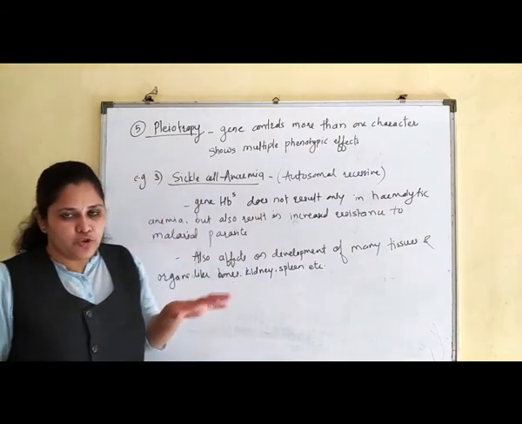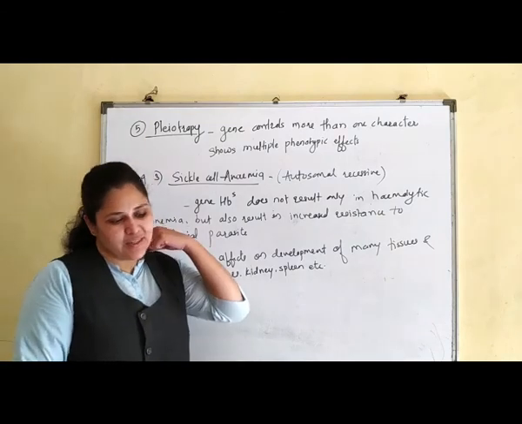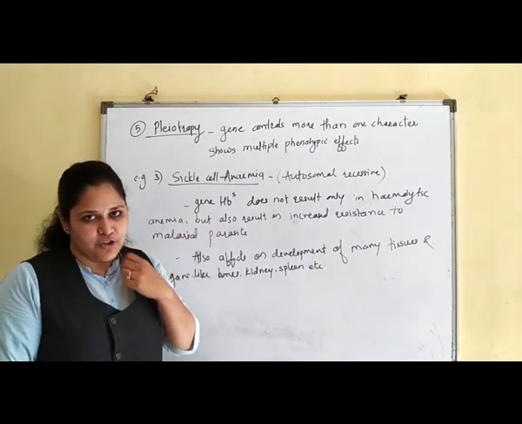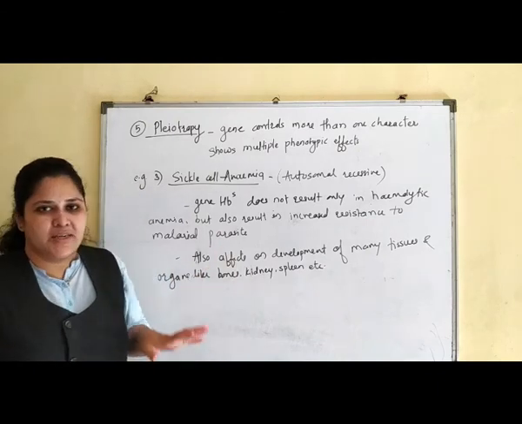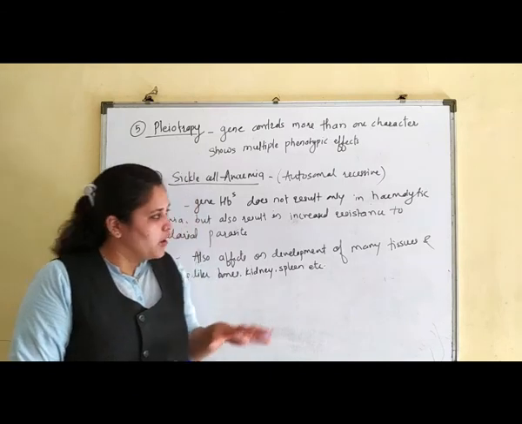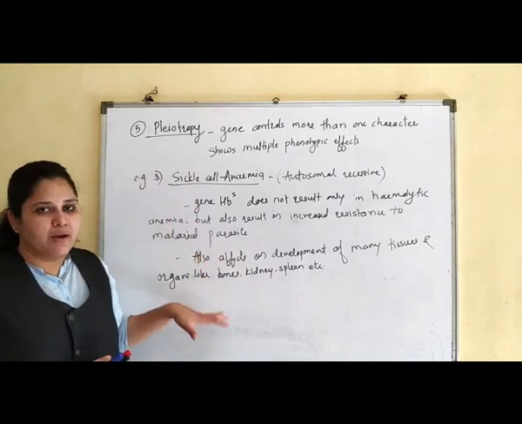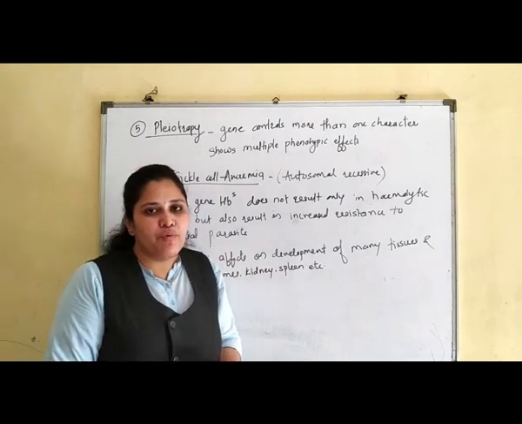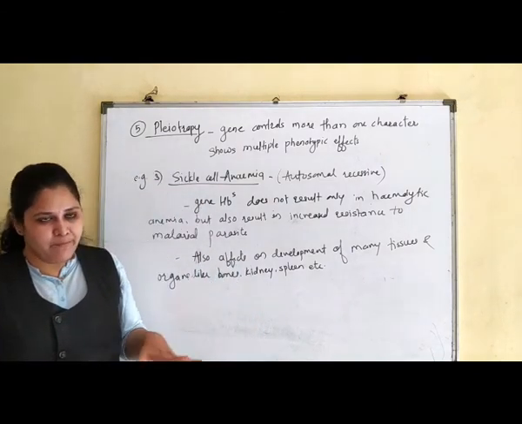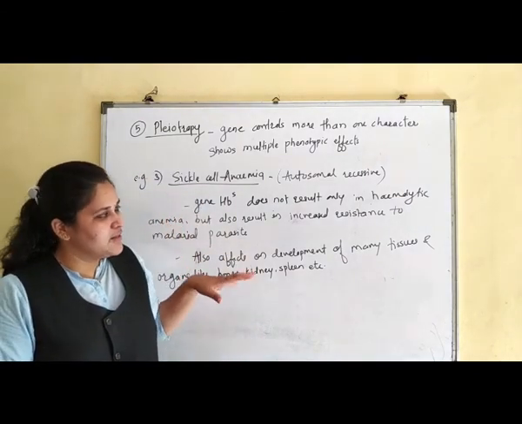Fine. So today we discussed allelic interactions, intra-allelic interactions. Again, all these are exceptions of Mendelism, and a number of questions can be asked. So today we completed this part. Tomorrow we will see non-allelic or intergenic interaction. Fine. So just revise this again.